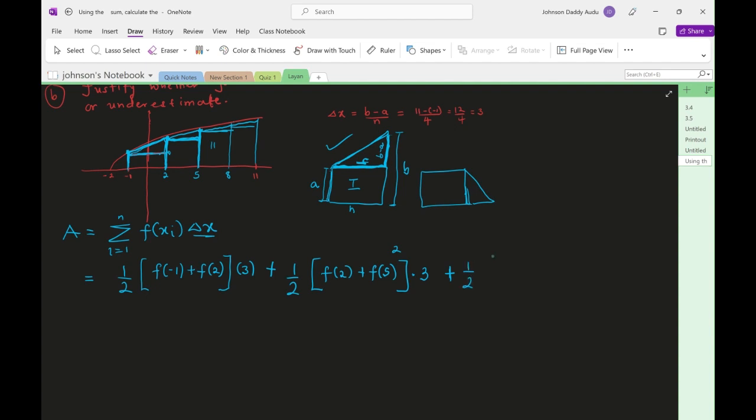Okay. Then plus, now we are here, the same story. Here we have, in this case, half. So you have f of what? F of 5 now, plus f of 8.